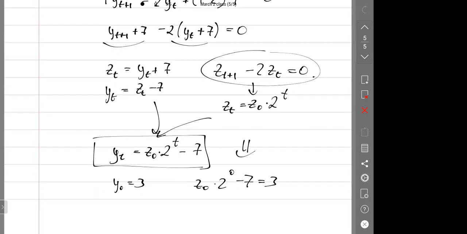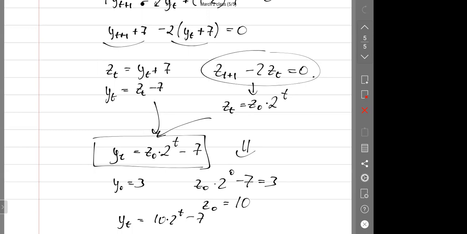So z0 is, I think, 4. Actually, 10. Yeah, you're right, I'm wrong. Be careful, because I can make mistakes. My final answer is y_t equals 10 times 2 to the power t, minus 7.